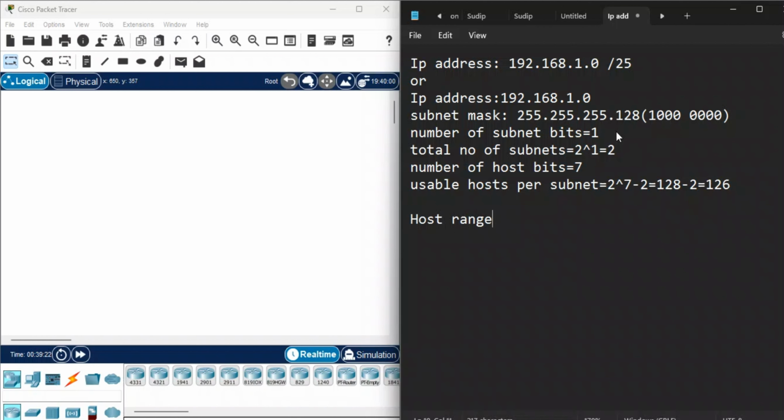Host range for subnet 1. Subnet address is 192.168.1.0.